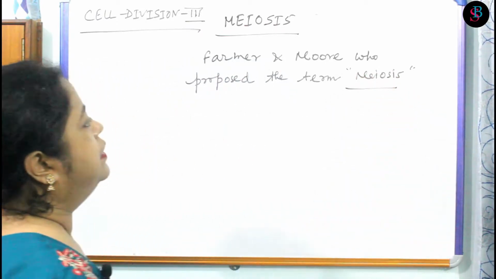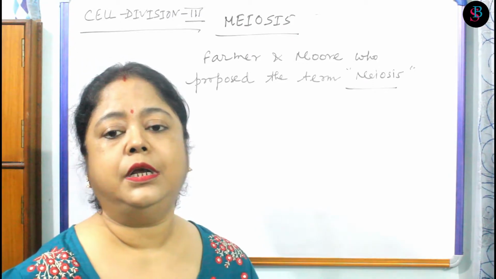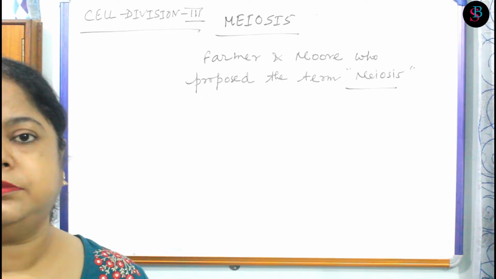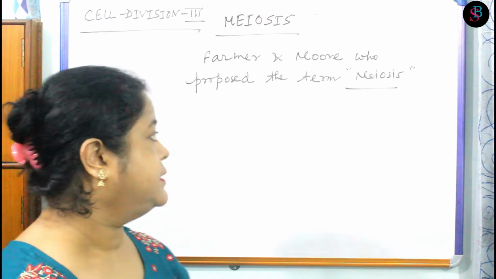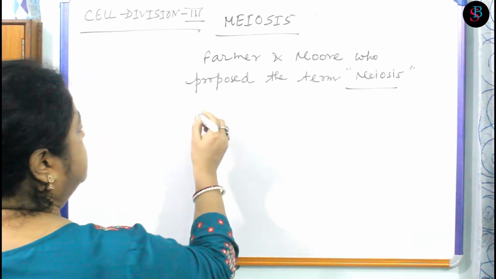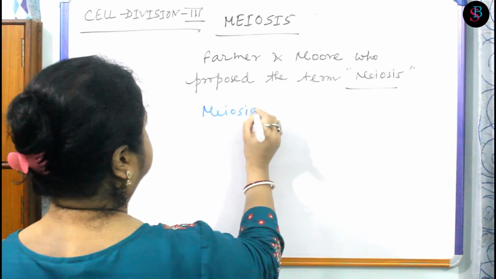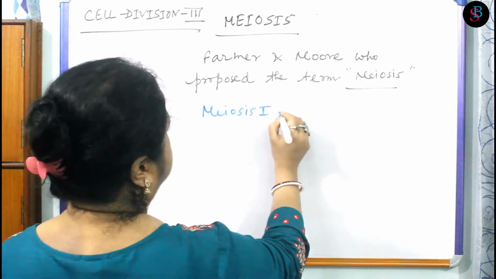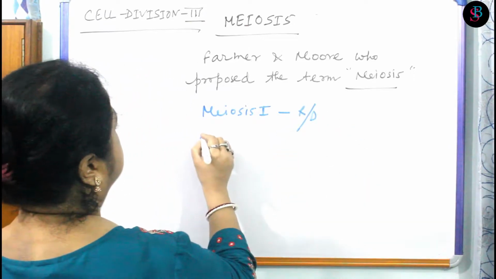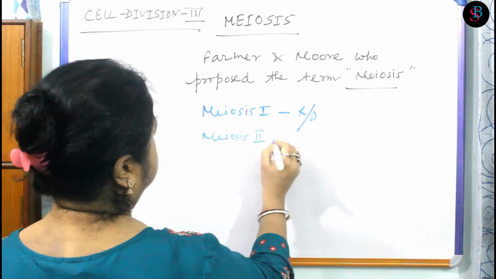Already in the previous video, that is in cell division 1, I have told you that meiosis has two successive divisional phases. Now that is meiosis 1 and meiosis 2. And in short, I have told you also that meiosis 1 is the reduction division, and meiosis 2 is just like mitosis.